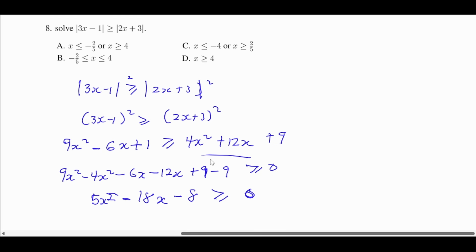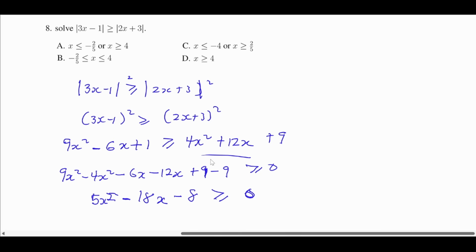So here we can also apply the quadratic formula, or we just go into our calculator and enter the values. If you enter into the calculator, you are going to have 4 and negative 2 over 5.